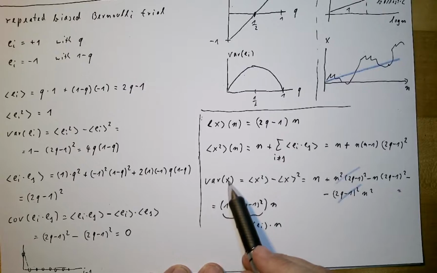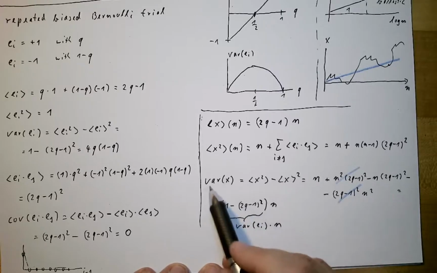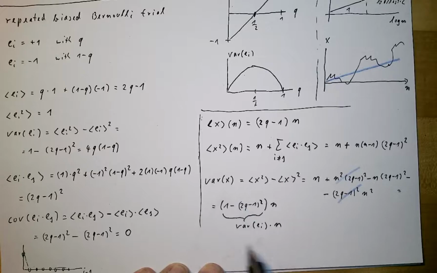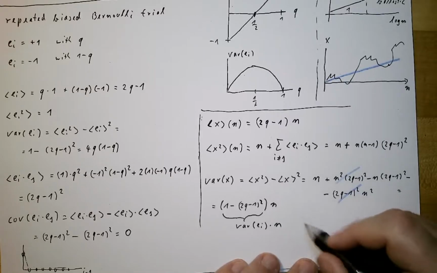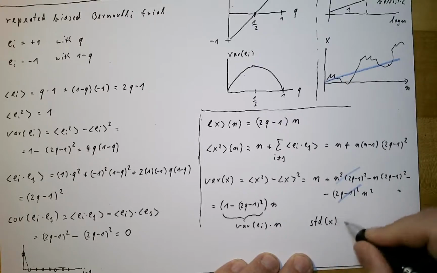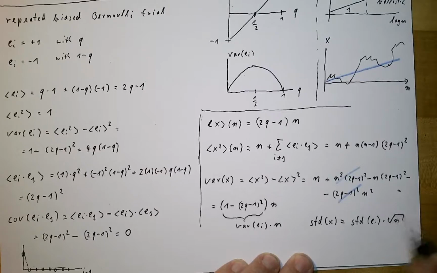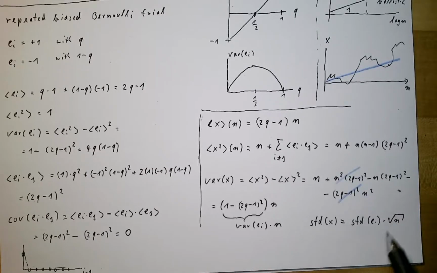The variance even of the biased walk goes proportional to time, which means the standard deviation of the biased walk equals the standard deviation of the increments times the square root of time. So the standard deviation of x equals the standard deviation of the increments times the square root of n. And then we see, oh wow, everything is okay. We have again diffusive behavior.